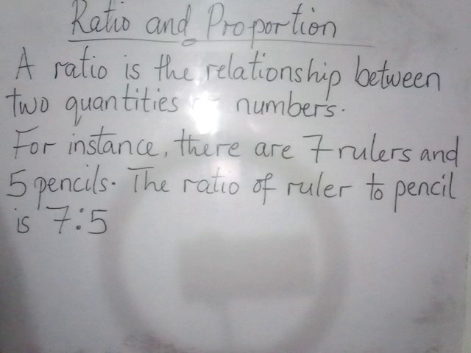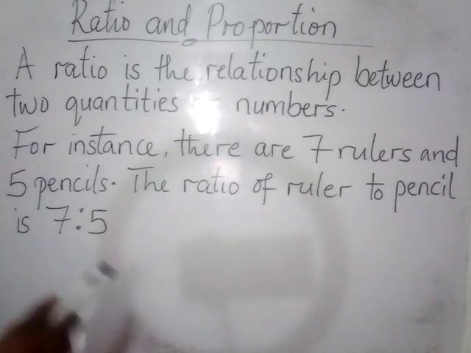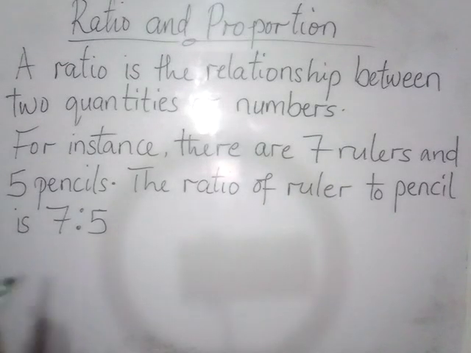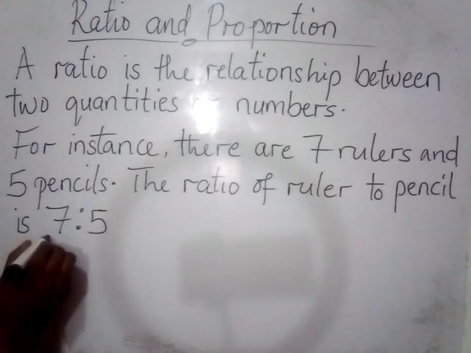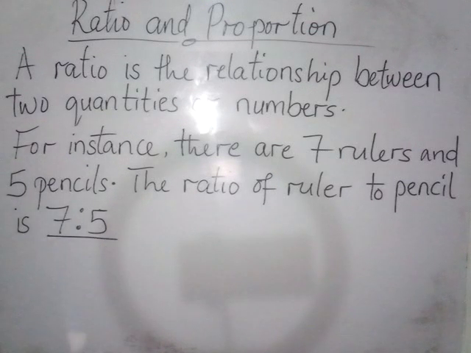Now, an example here is maybe there are 7 rulers and 5 pencils on the table. The ratio of the rulers to the pencils in that case would be 7 to 5.